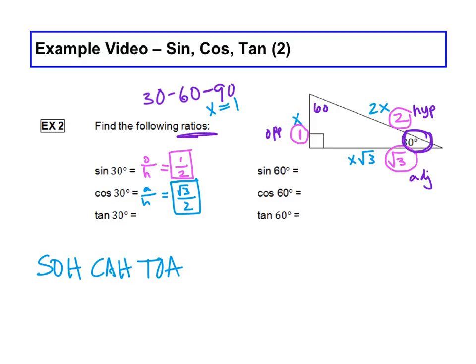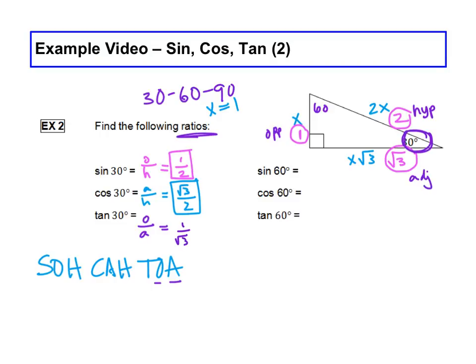And the third one, tangent, is opposite over adjacent. If you forget what they are, just remember that's why we write out SOHCAHTOA. It gives you the proper order for how to divide these ratios. Our opposite side is 1, and our adjacent side is the square root of 3.